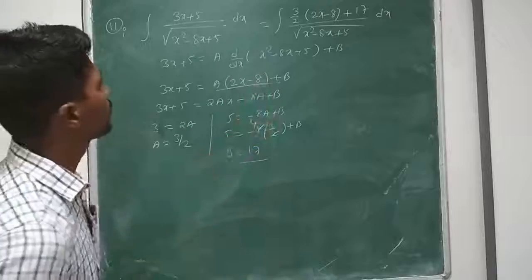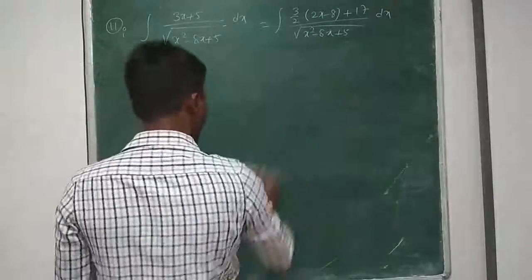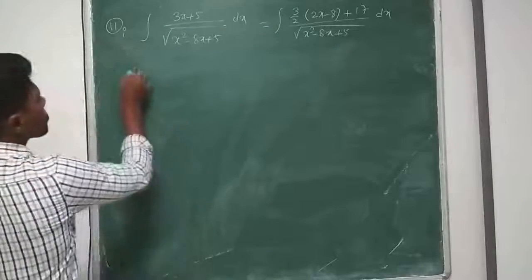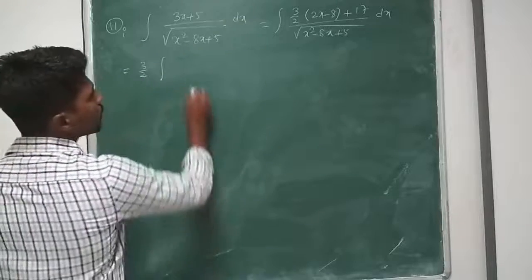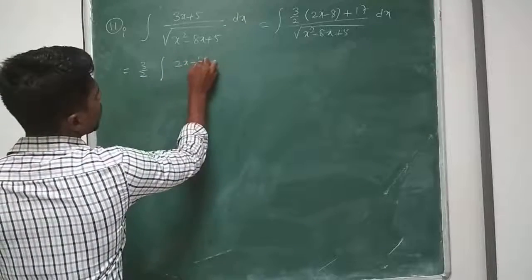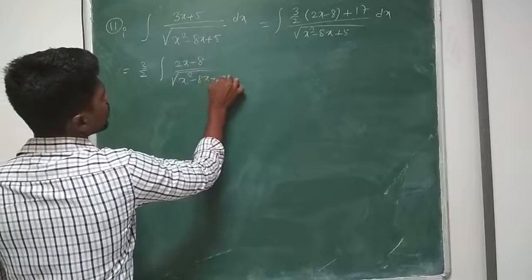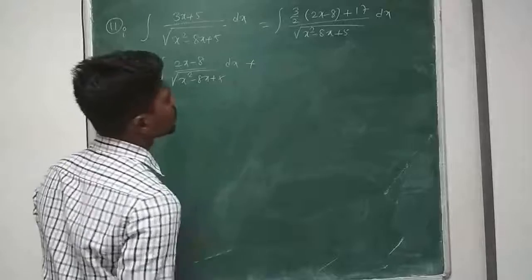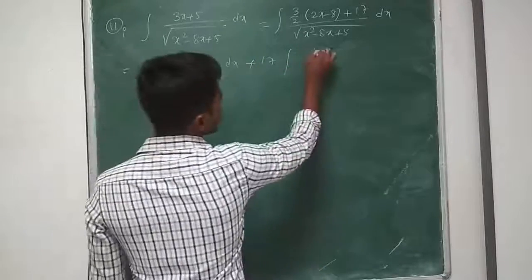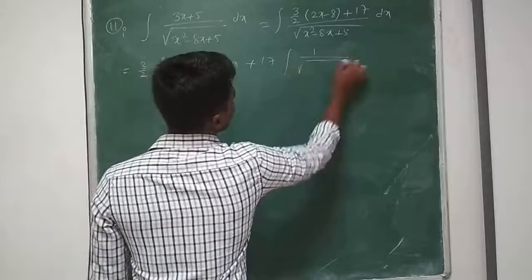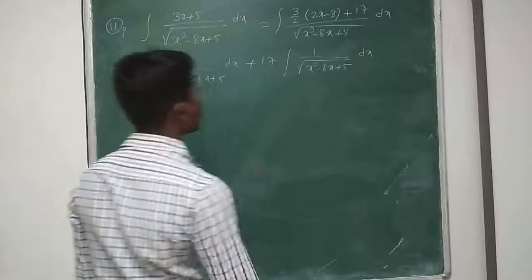Now split the given thing, can be rewritten as (3 by 2) integral 2x minus 8 by root over x square minus 8x plus 5 dx plus 17 into integral 1 by root of x square minus 8x plus 5 dx.